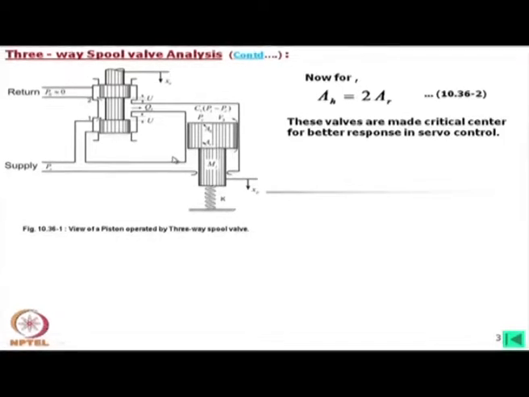In that case, these are made match parts. That means, say 10 sets of spool and 10 sets of outer members are taken together, and then each and every spool is matched with the outer member, and then it is examined how much critical center it really is.